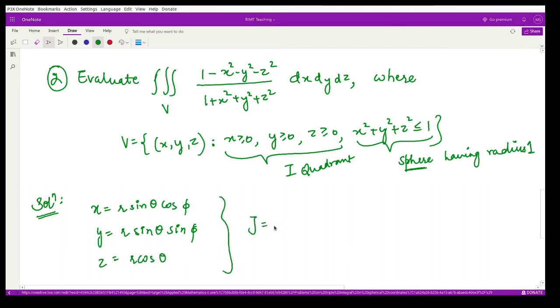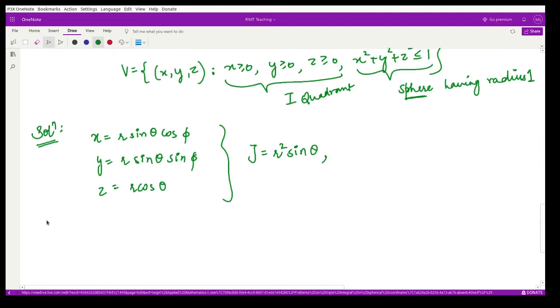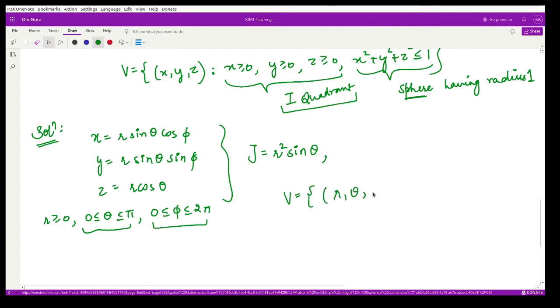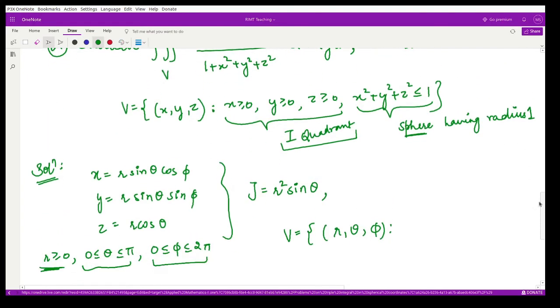And what is the value of the Jacobian? That is r square sine theta. And moreover, what would be the limits? The general limits are r greater than or equal to 0, theta lying between 0 to pi, and phi lying between 0 to 2 pi. But here, because we are in the first quadrant, the angles theta and phi would change. So what could be your region in terms of r, theta and phi? It will consist of all the points r, theta and phi such that r lies between 0 and this sphere.